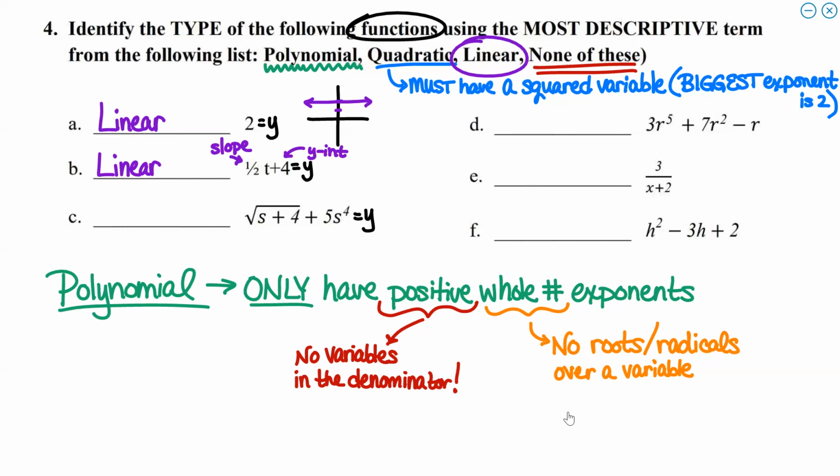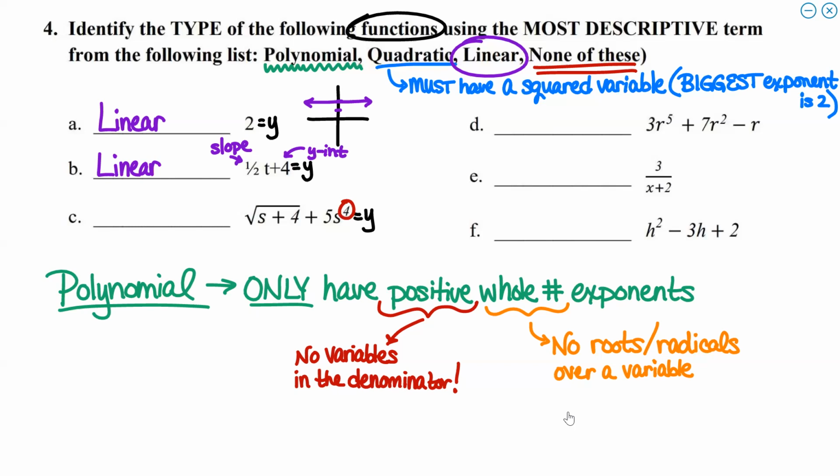What about part C? I kind of like it for quadratic, except what do I see there? Yeah, I don't see an exponent of 2. Squared means I have an exponent that's a 2 on it. Here, what do you see around that variable? There's an exponent of 4. What else do you see? A radical.